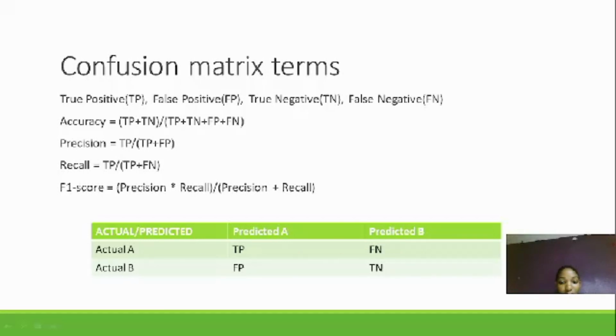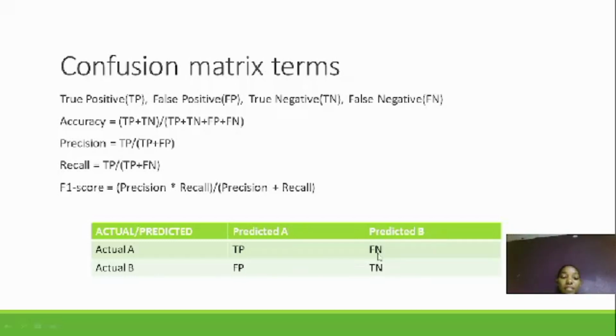Here A was predicted as A. So this part is the true positive, the ones correctly predicted by the model. And then here it's A, but it was predicted as B. So it's a false negative, meaning it has been put among the negatives, yet it's supposed to be a positive.